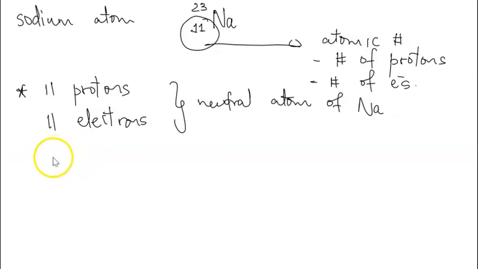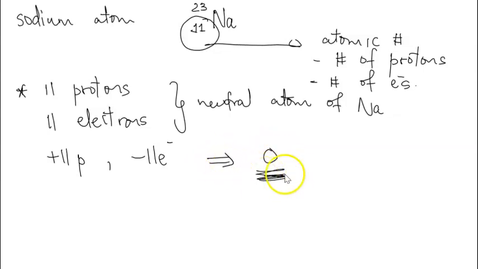So in other words, since the protons are positively charged, that's plus 11. Electrons are negatively charged, so that's minus 11. Plus 11 and minus 11 works out to be 0. So we consider this to be electrically neutral.